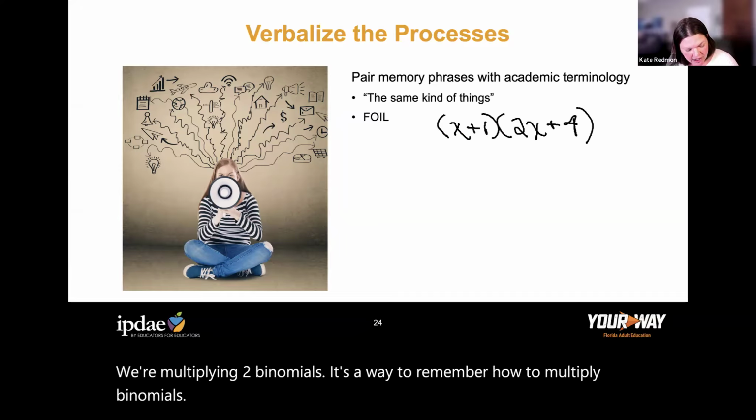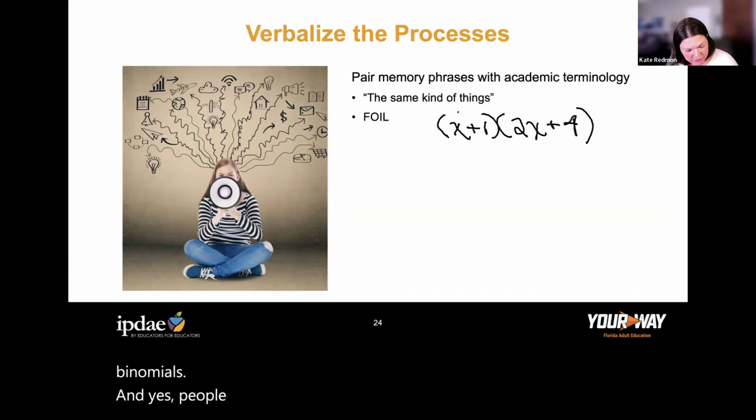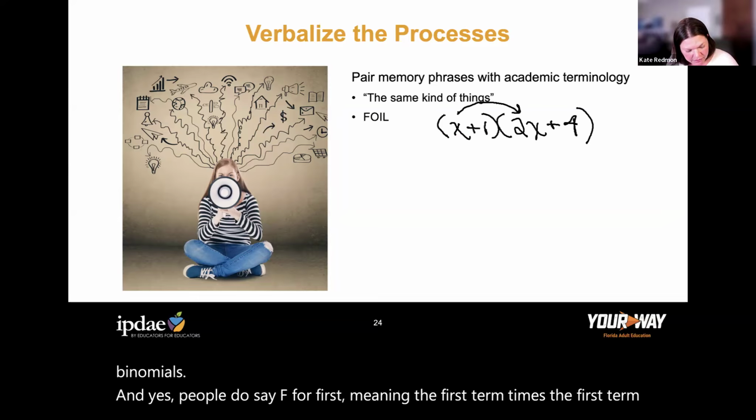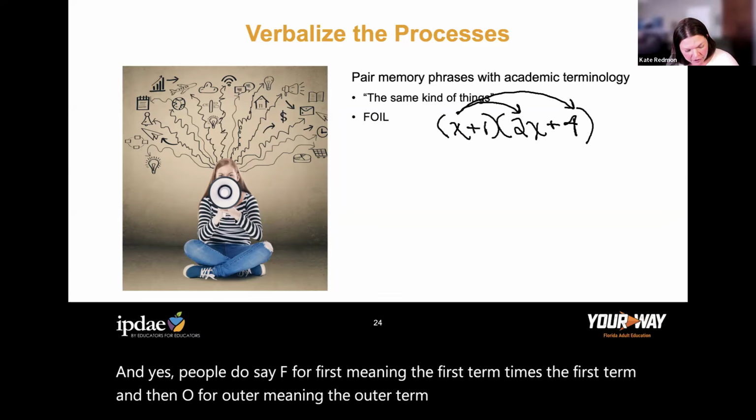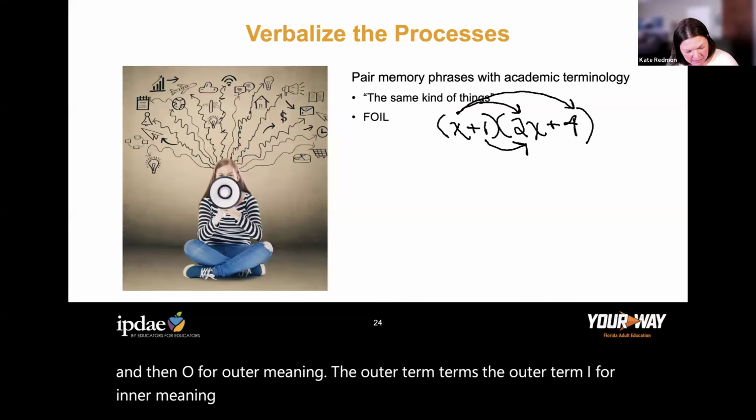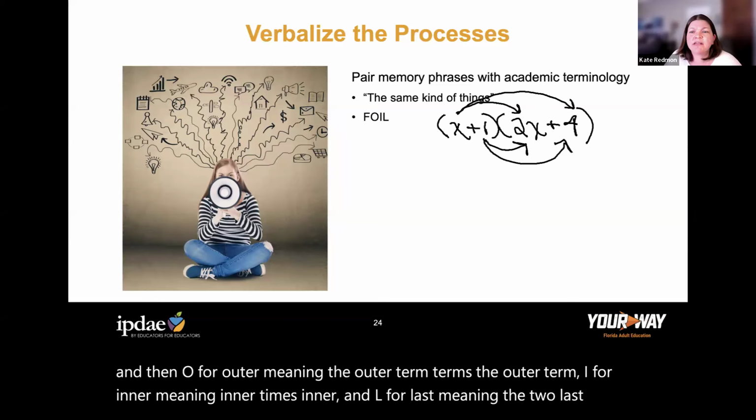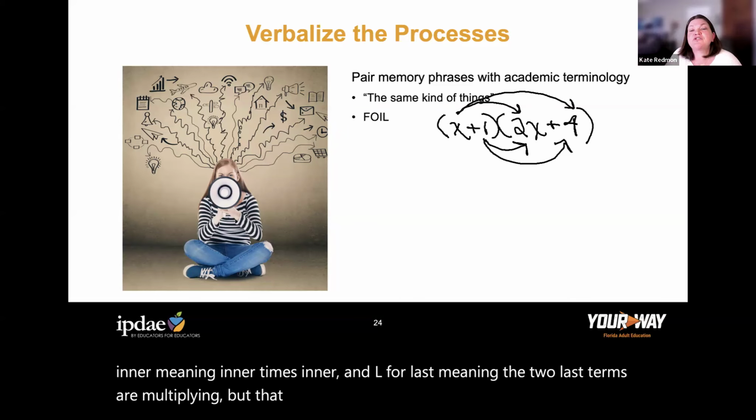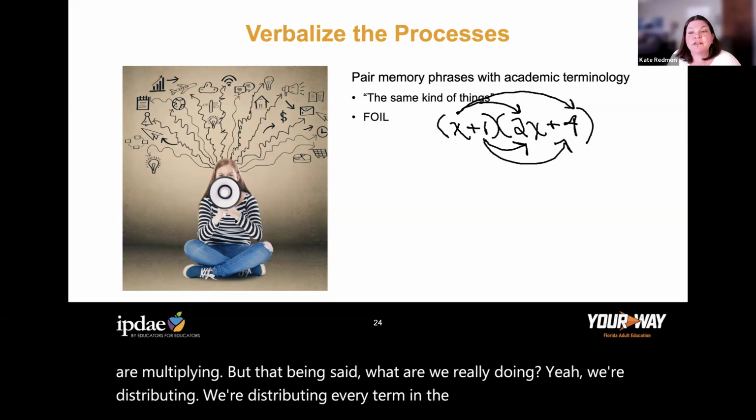And yes, people do say F for first, meaning the first term times the first term, and O for outer, meaning the outer term times the outer term, I for inner, meaning inner times inner, and L for last, meaning the two last terms are multiplying. But that being said, what are we really doing? Yeah, we're distributing. We're distributing every term in the first grouping to every term in the last grouping.